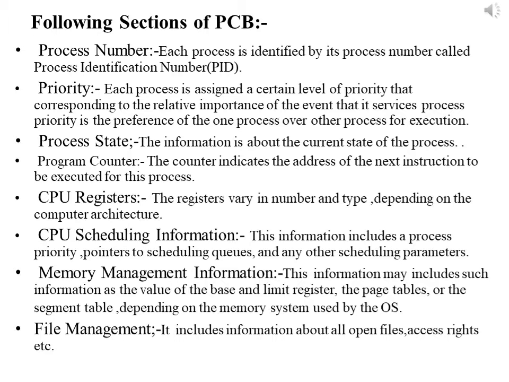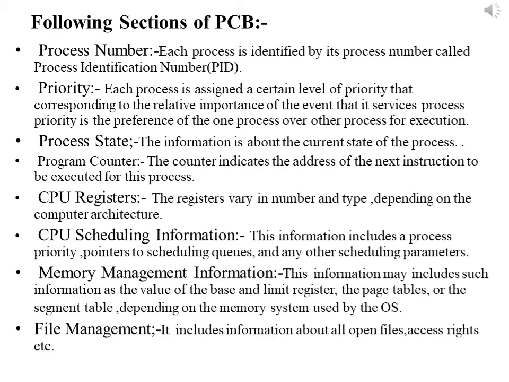They include accumulators, index registers, stack pointers, and general purpose registers, plus any condition code information. Along with the program counter, this state information must be saved when an interrupt occurs to allow the process to be continued correctly afterward.